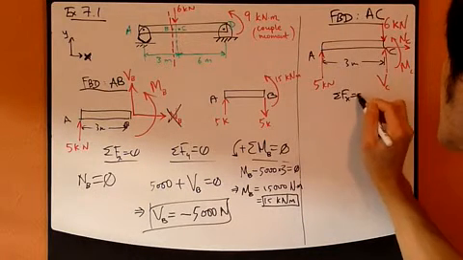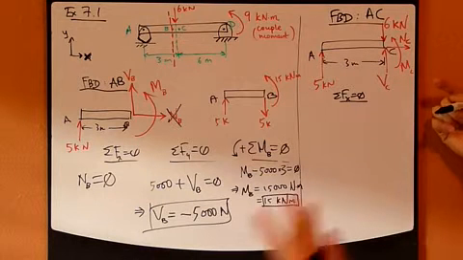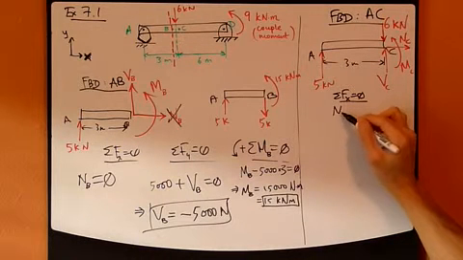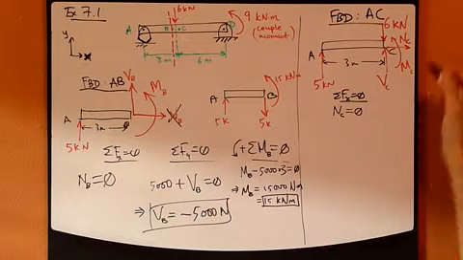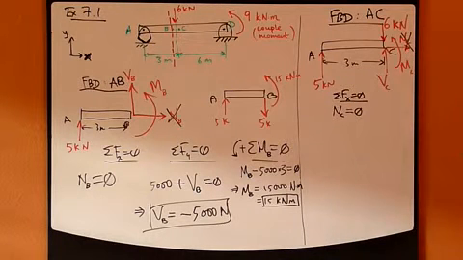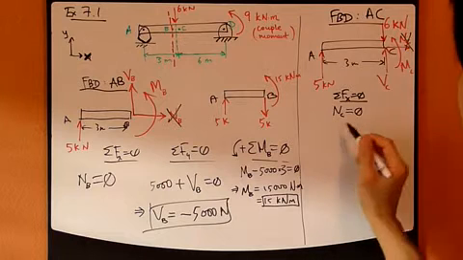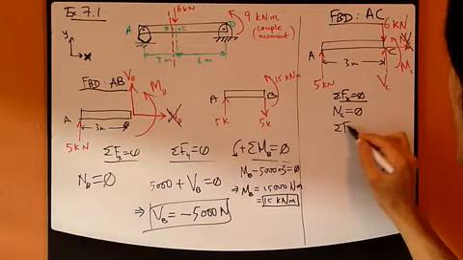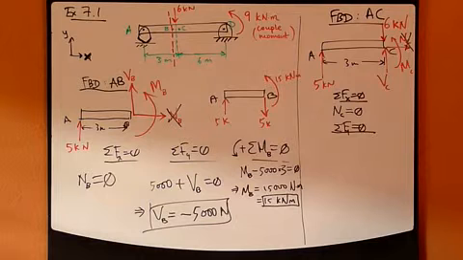Sum forces X equals 0 first. For this whole free body diagram, immediately you should see this normal force is 0. Okay? So again, there's no normal or axial force internally. Next, apply sum of forces vertically.